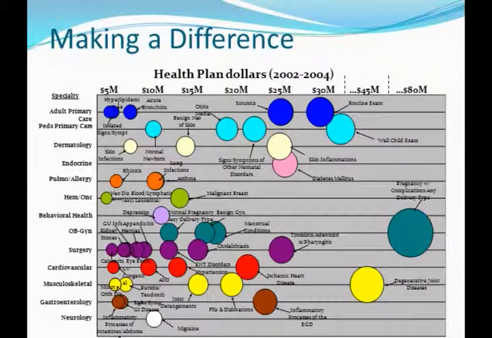So if one is to choose where you want to make the biggest difference, there's two things to consider. Number one is the total cost, but number two is the size of the bubble, because the larger the bubble, that represented the larger variation that was going on in that area. So if you have pregnancy with complications of any delivery type, which you see on the far right in the center, that was the most expensive area, but it was also the area where they had the largest variation.